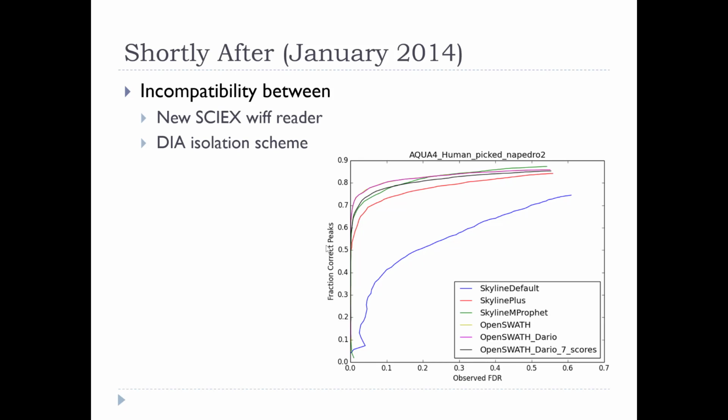It turned out there was an incompatibility: we had a new SCIEX WIFF reader that changed the centers of all the windows. So we were actually extracting from DIA, and about a third of the time we were extracting from the wrong window. That was not that hard to figure out once we used Skyline, because we could say, wow, OpenSwath is picking a peak at a place where there's no peak at all.